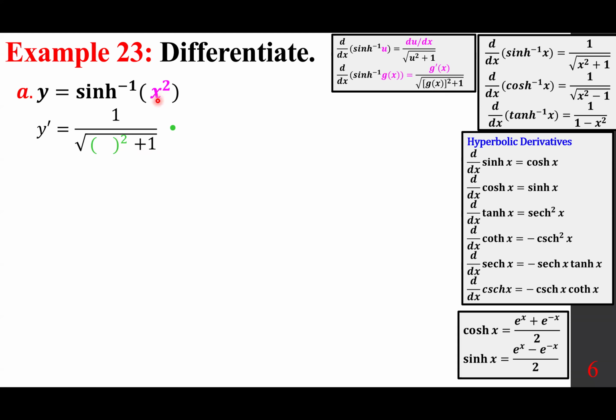Whatever this function is, which is x squared. What goes in here? G prime, or du/dx, 2x. And we put them all together. 2x in the numerator, square root of x to the power of 4 plus 1 in the denominator. And that's the final answer, everybody.